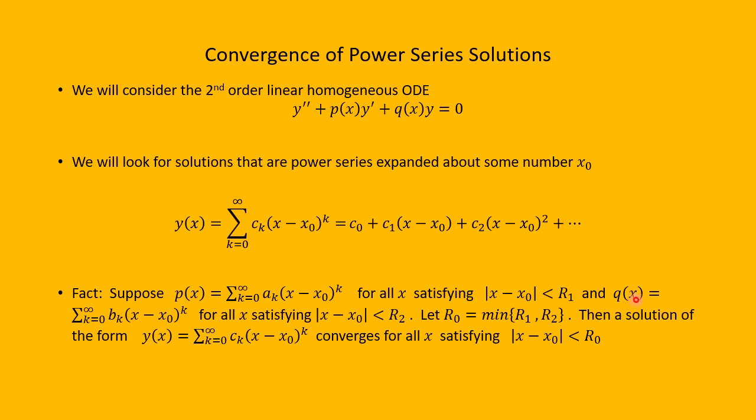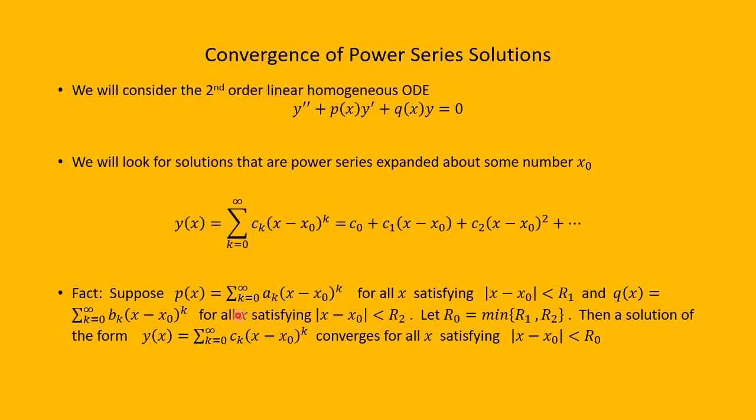And suppose we have a power series for q(x) also, the sum k goes from 0 to infinity of b sub k times (x minus x naught) to the k, which converges to q(x) for all x satisfying the absolute value of x minus x naught less than R2. Let R naught be the minimum of R1 and R2.